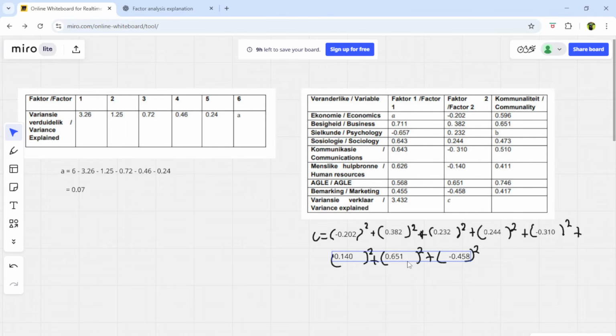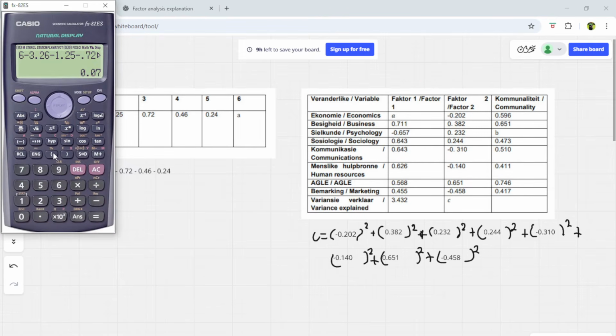So that is how we calculate the variance explained by letter C over here. So after you wrote these numbers, you're going to go to your calculator, and then press those numbers.